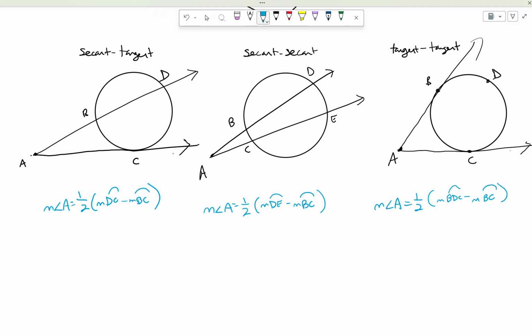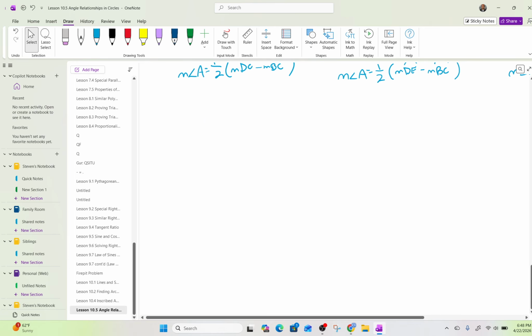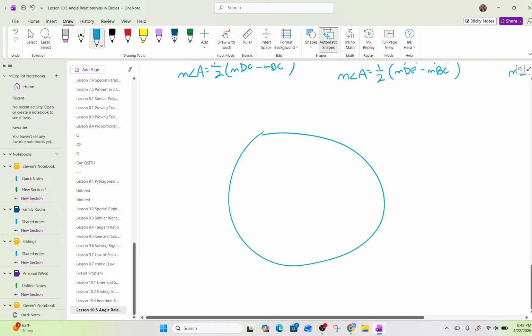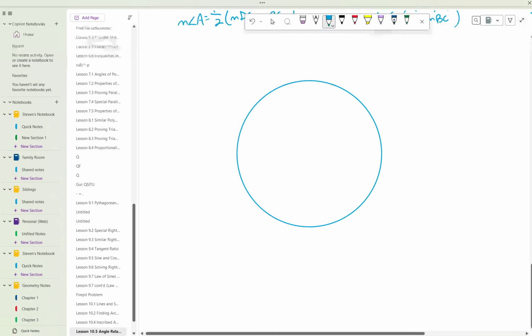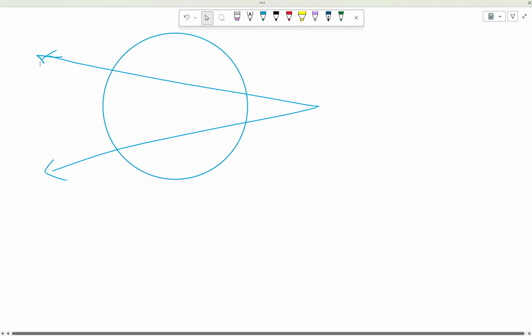All right, so let's do one of these problems and see how it goes. You guys can see if you can identify which relationship it is. Here we go. Still working on blue, that's okay. Now I'm not going to even name these. Some people are like, oh no, there's nothing for me to follow here.